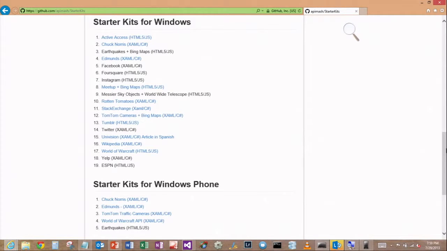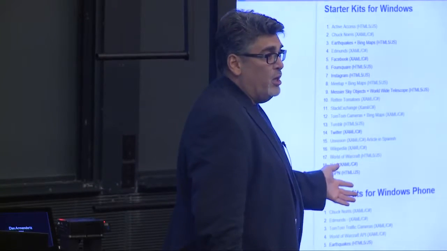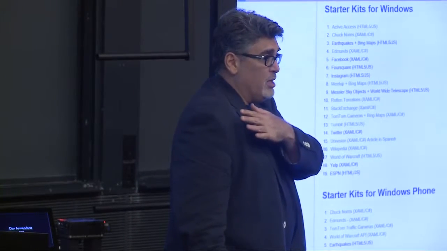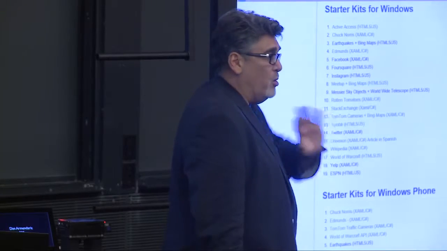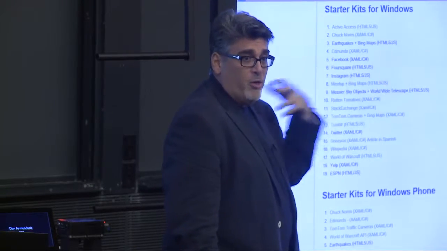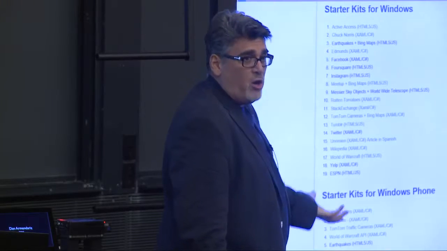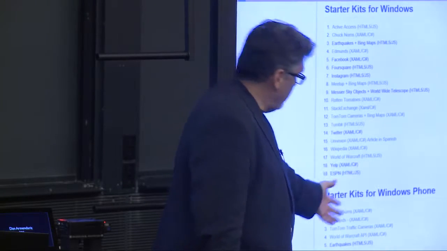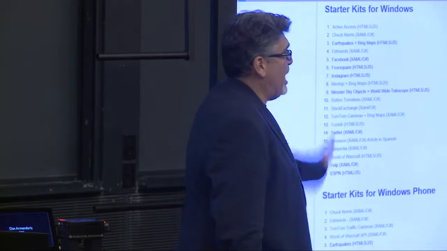So all of these are all functional Windows 8 apps with the code, and everything I showed you, that's the pattern they're all using, that whole Open Data API, call, deserialize, bind to the UI. If you're interested in seeing how you get started building for Windows 8 and for Windows Phone, these are fantastic resources here, all built by my team.